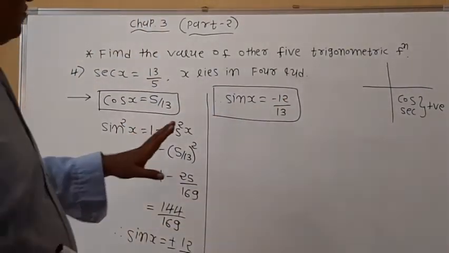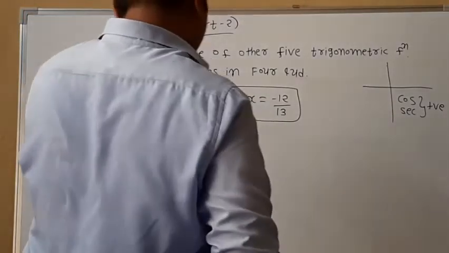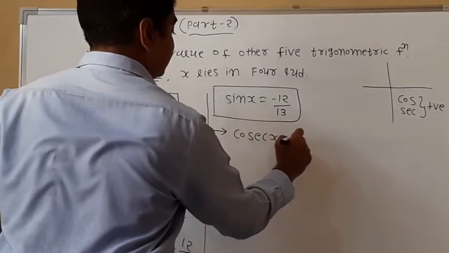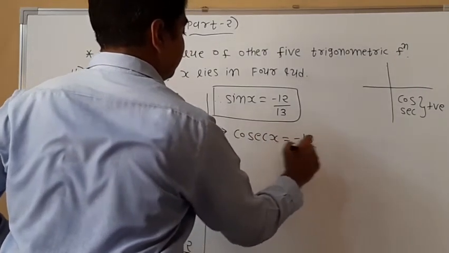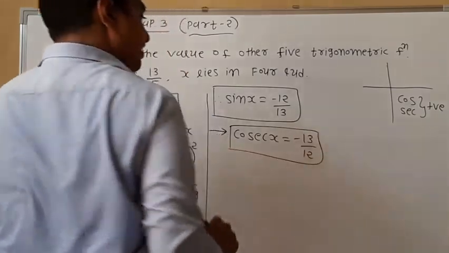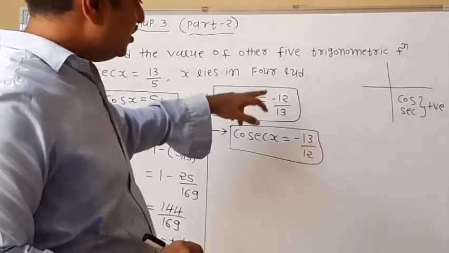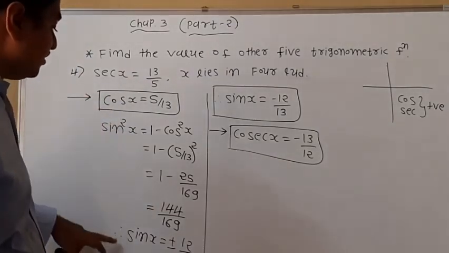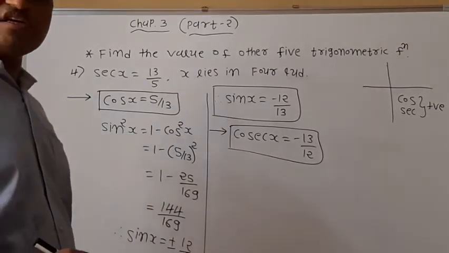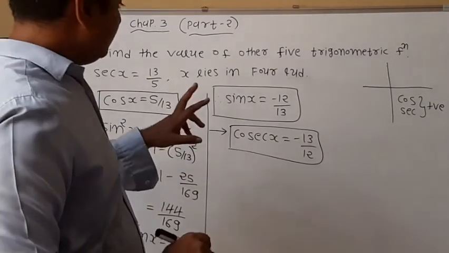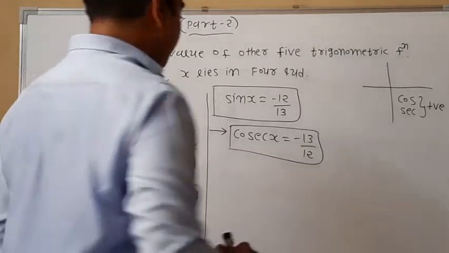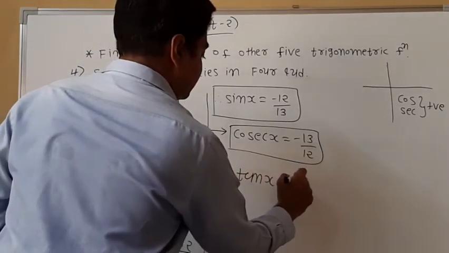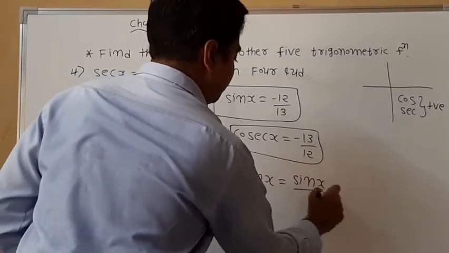Now using sin x, find the value of cosec x. cosec x is equal to minus 13 by 12, written in reverse order. Now sec x, cos x, sin x and cosec x are found. Now for the remaining two functions, find the value of tan x. tan x is equal to sin x upon cos x.